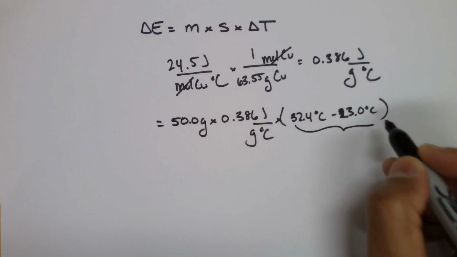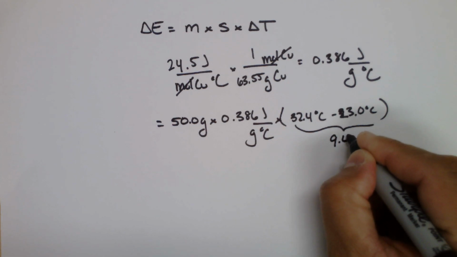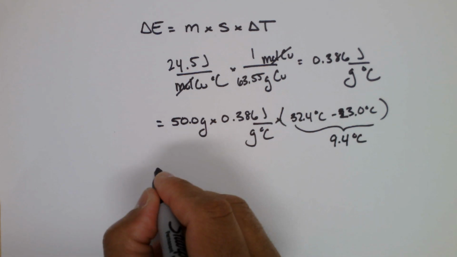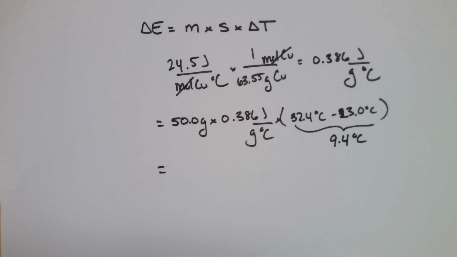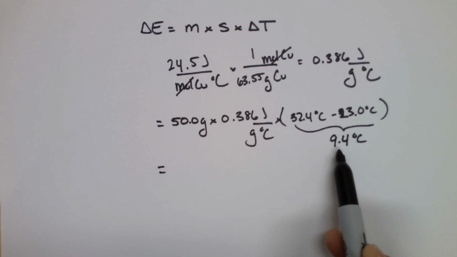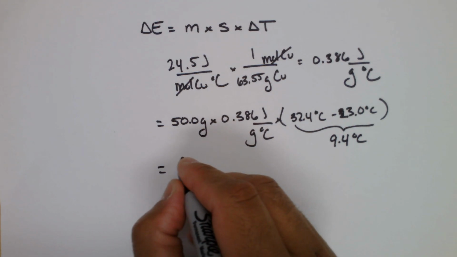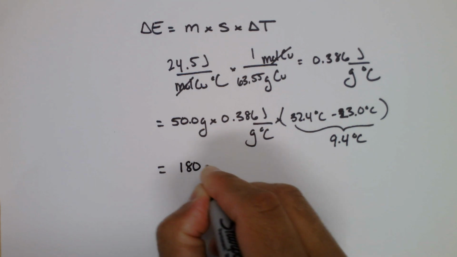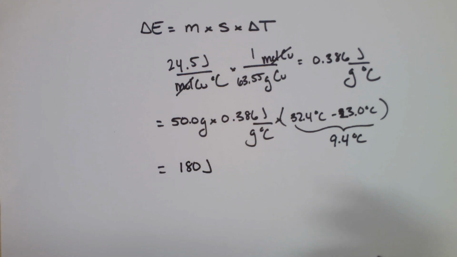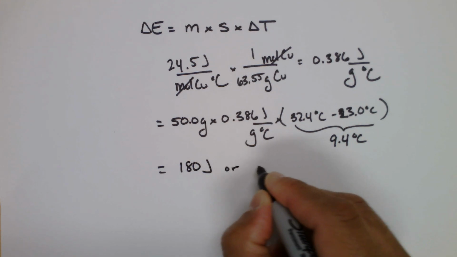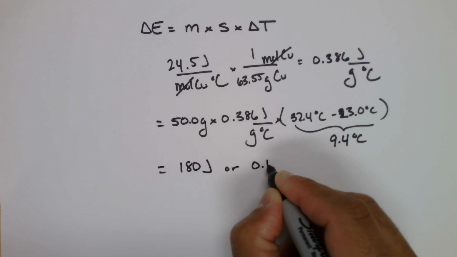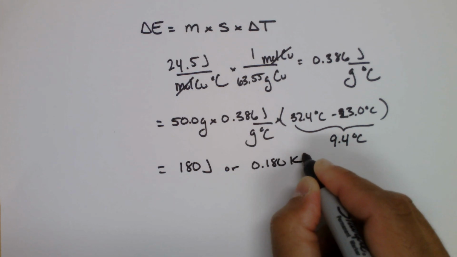This change in temperature right here is 9.4 degrees Celsius. And so when we plug all this in to 2 sig figs, because of the 9.4, 2 significant figures gets me 180 joules. You can always convert this to kilojoules. This is 0.180 kilojoules.